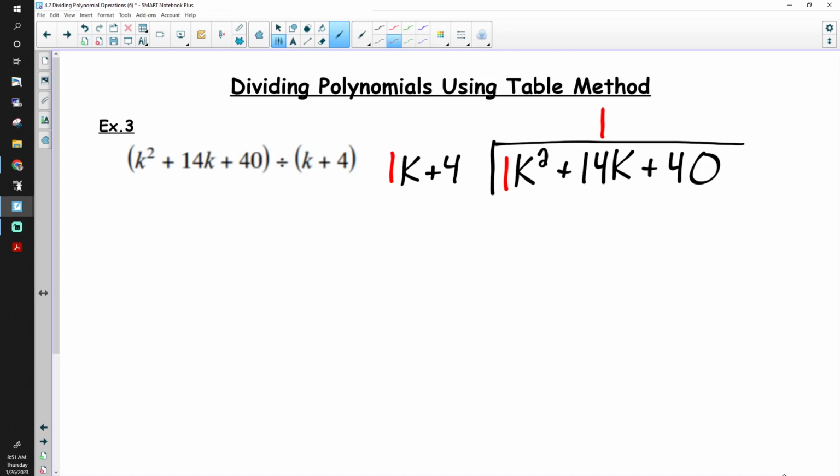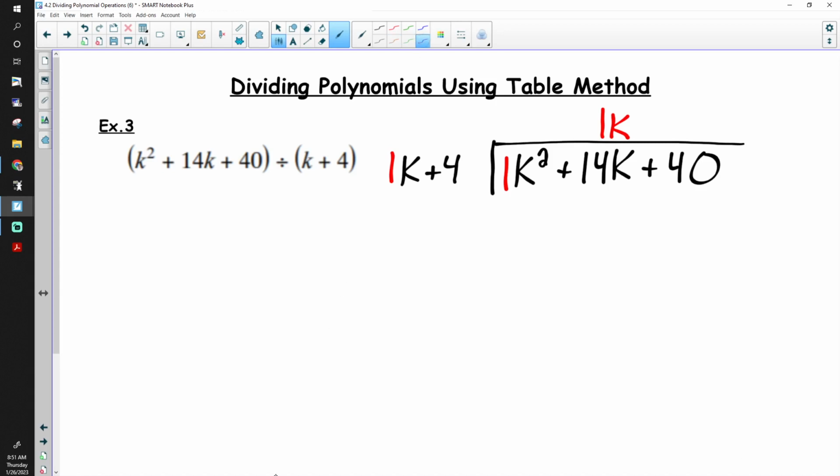You look right below it. What variable's below it? Just a k, right? Which means the 1 needs a k. The reason it's k, we need a k, is because we need to do k times k to get k squared. But if you write your number up top and just look below it, it's going to be that same variable.